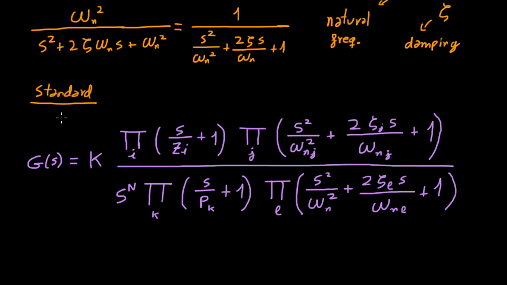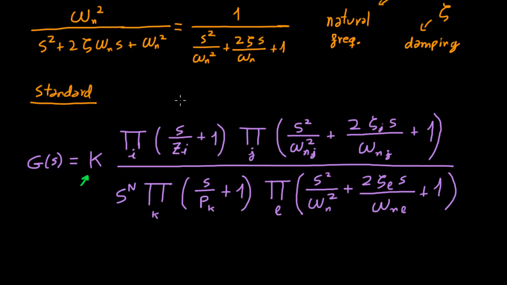The standard expression of a transfer function has here the gain, the static gain, unless there are some integrators or derivators. If capital N is minus 1, then this would be the gain.